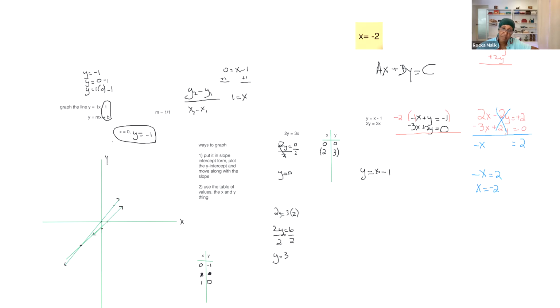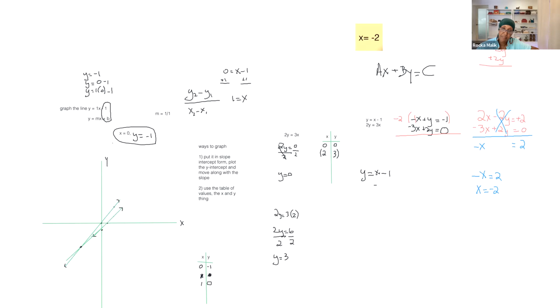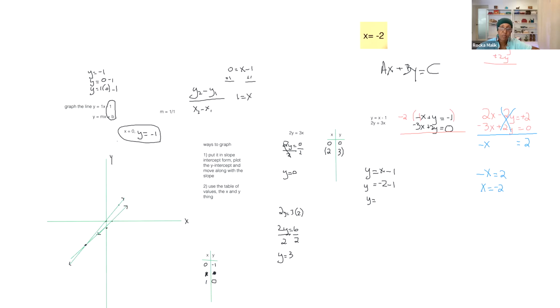I'm going to plug that in for this x here. So y equals -2 minus 1, which is -2. Taking away one more, I'm at -3. So I have x equals -2 and y equals -3.